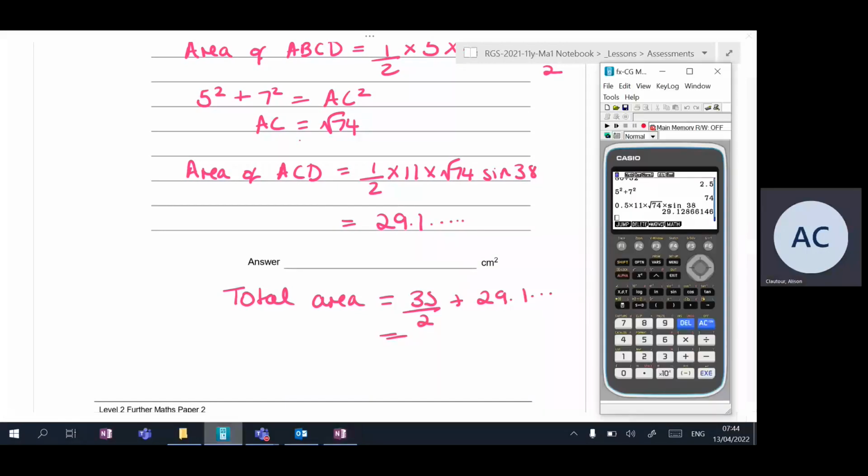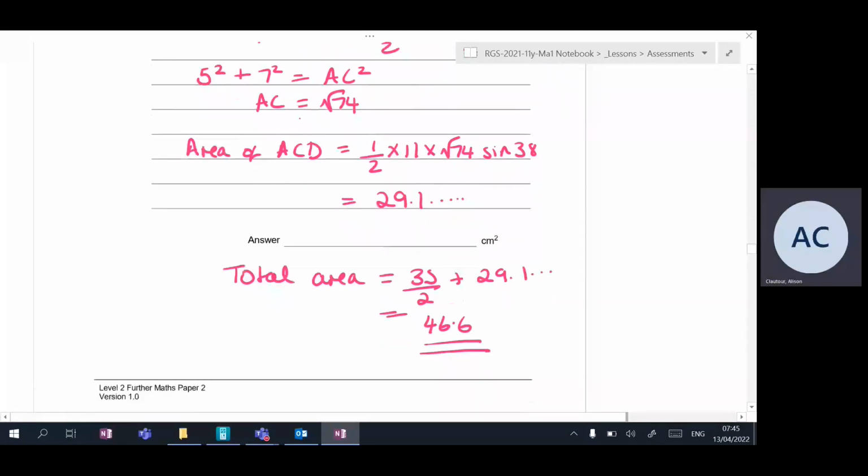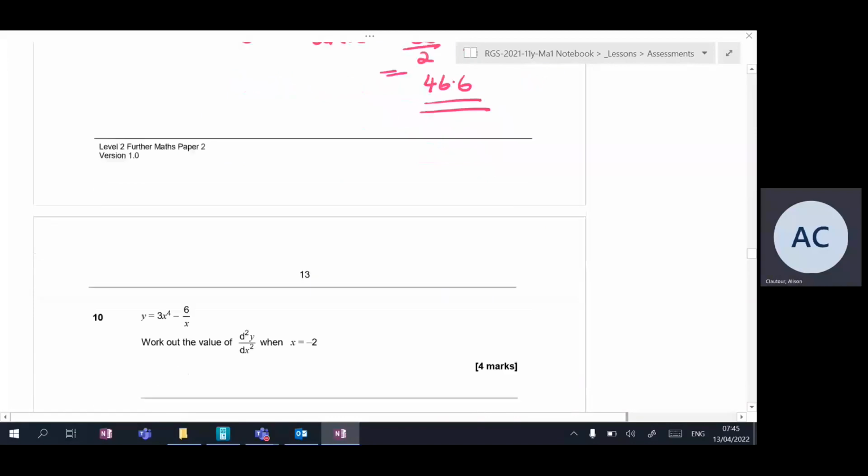So your total area gives you 46.6, so 3 significant figures. Okay, so relatively straightforward question. That is something you could get in GCSE maths as well.